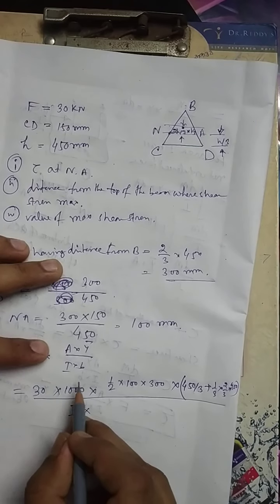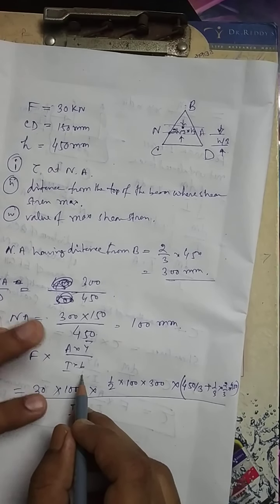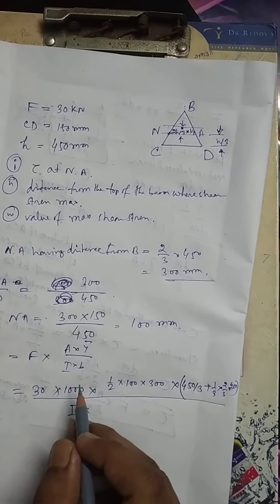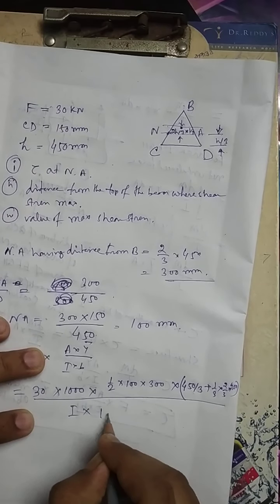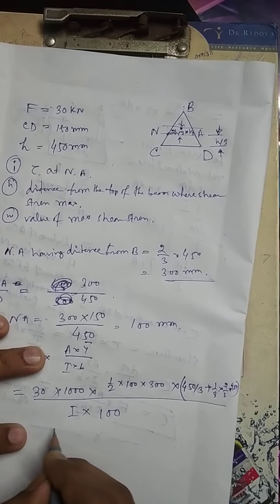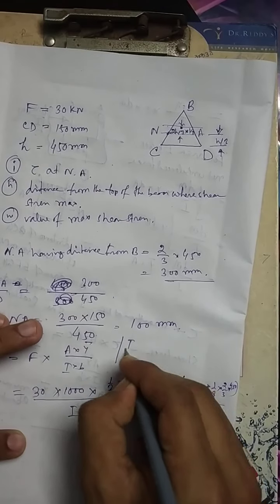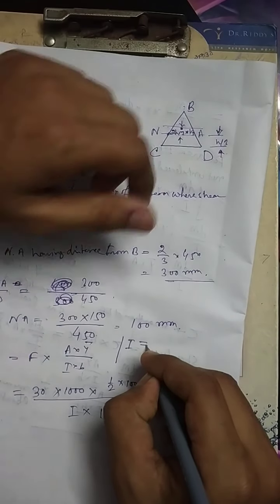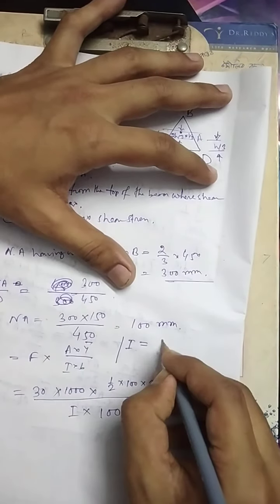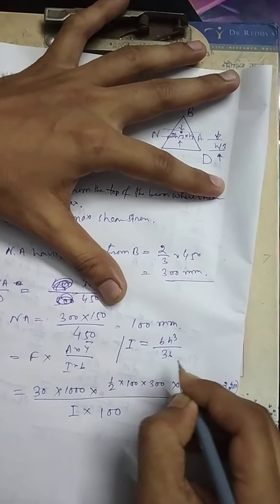I, we have not found out, and B is the width of the NA, that is 100, we have found out. Now I can be written as BH cube by 36 for a triangular area.